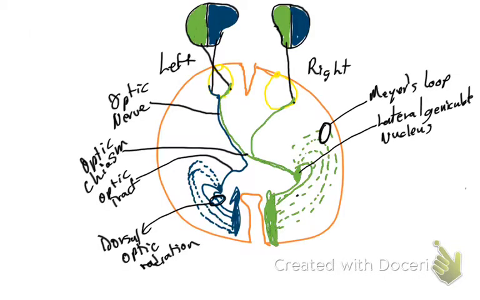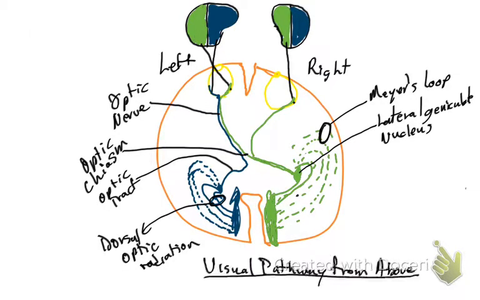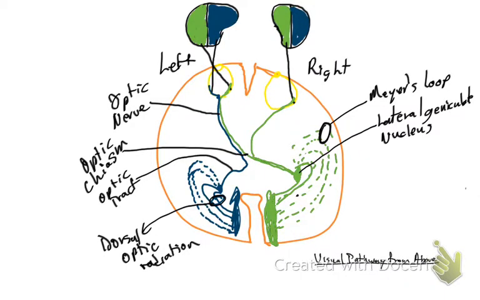Let's just put a name here in this corner. Basically, this is what is important that we remember, because depending on the area where we have the lesion, the patient's visual field is going to be affected.